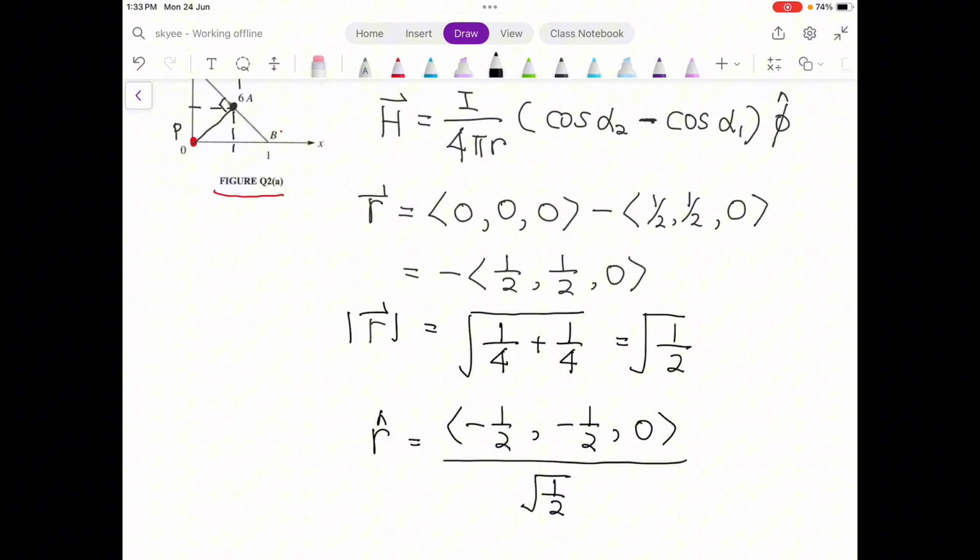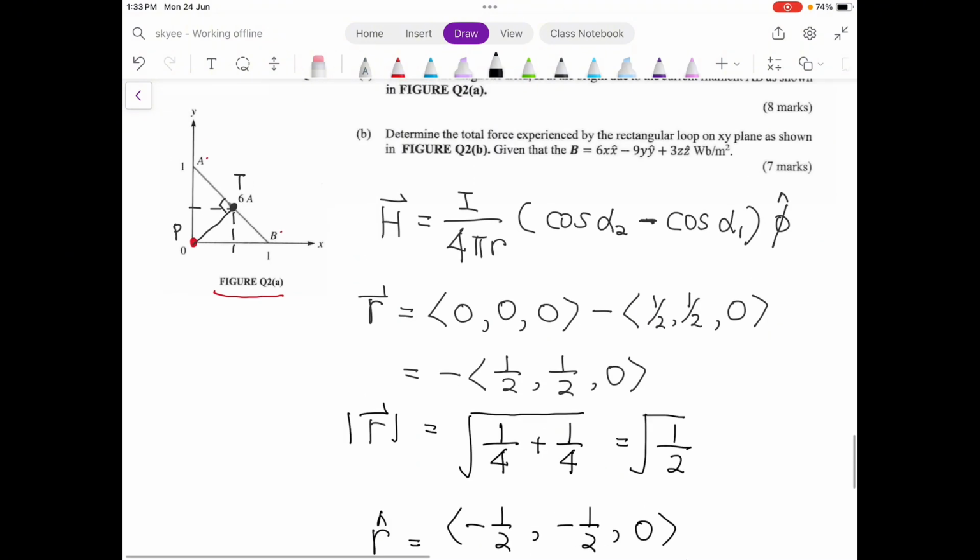Next, we'll be looking at alpha 1 and alpha 2. This is point A and this is point B. If I draw it again in this way, it is easier for you to imagine. This is point A, this is point B, and this is the point T. Point T is connected to the point P, your observation point.